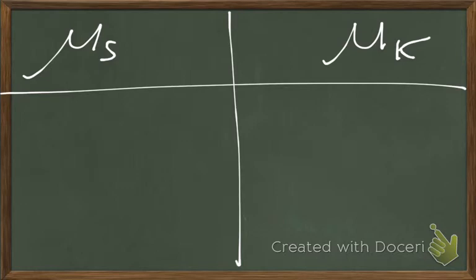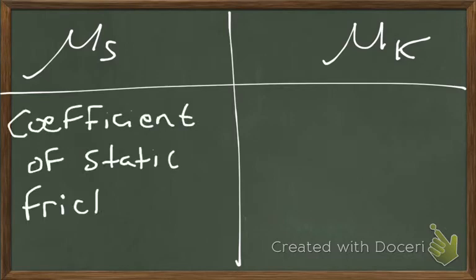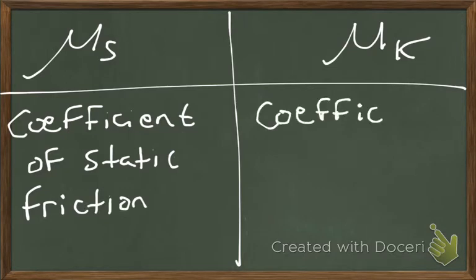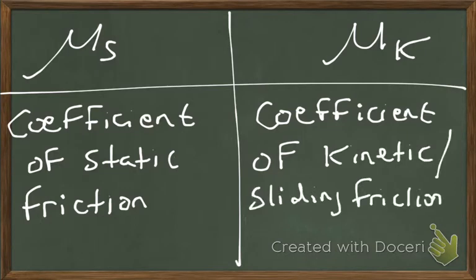It has one coefficient of friction where it is static, and then it has a different coefficient of friction where it is sliding across the floor. So mu s is the coefficient of static friction, mu k is the coefficient of kinetic / sliding friction. In other words, it's moving. So one of them is not moving, one of them is moving.